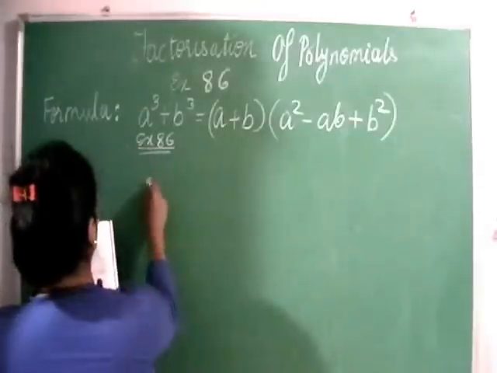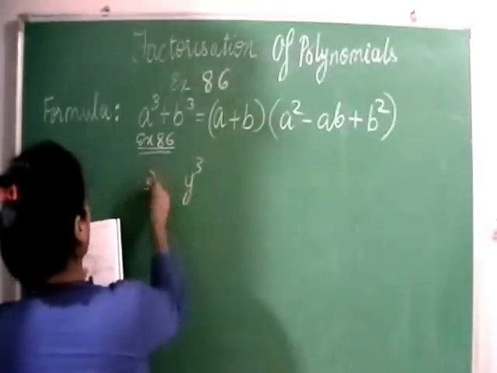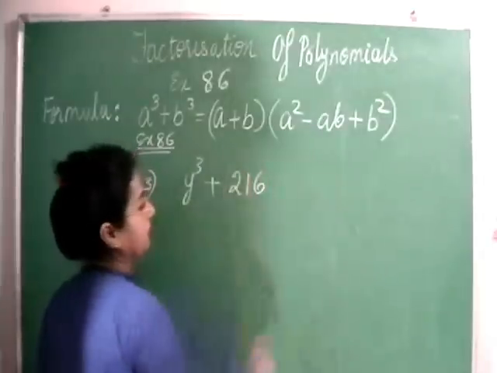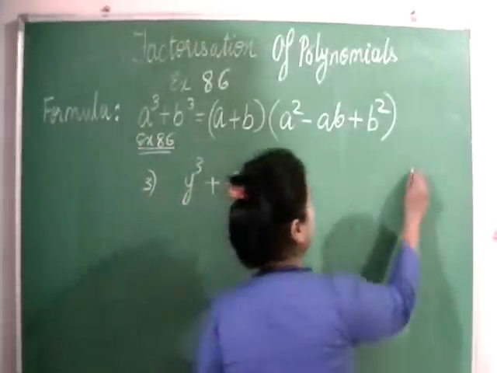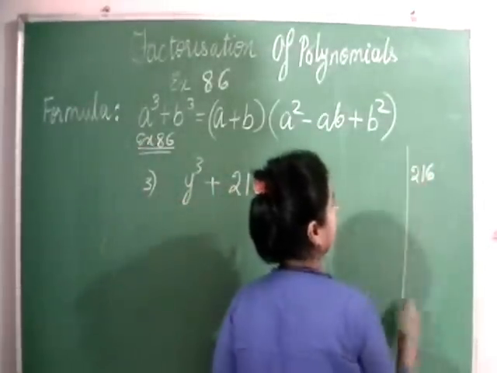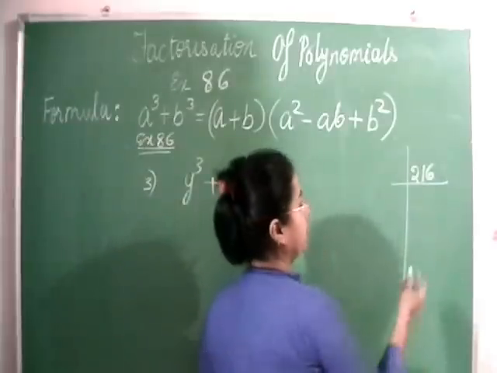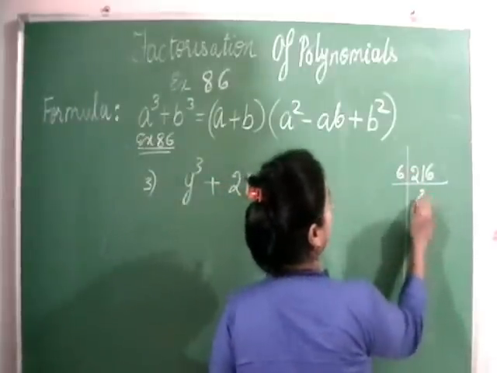Third sum is y cube plus 216. Now 216, if you have to factorize, if you can do directly, it's fine. 6 2s are 12.